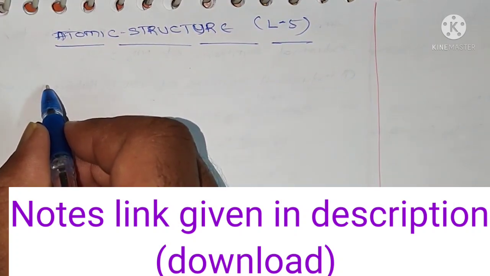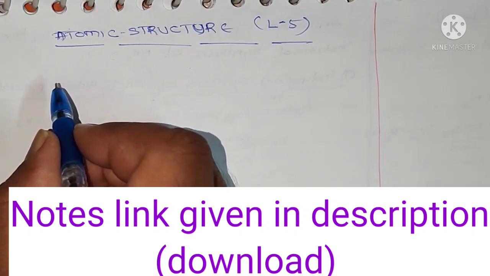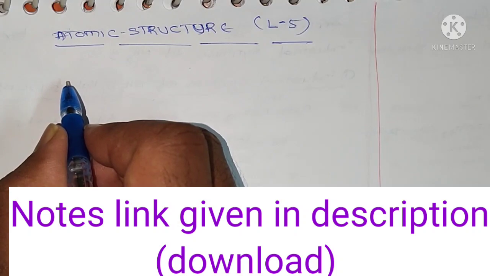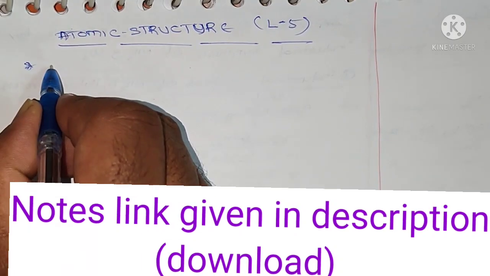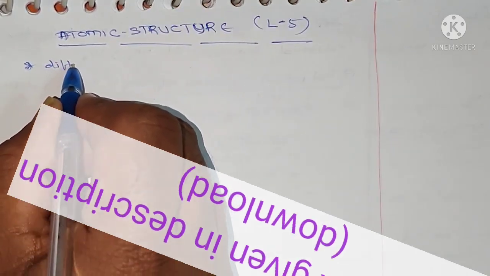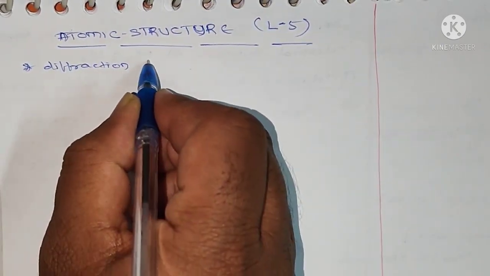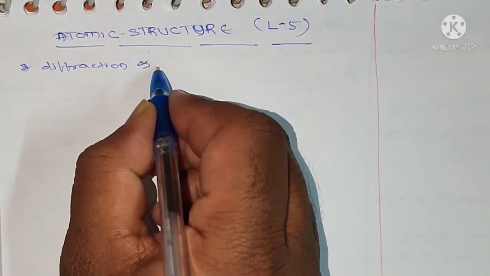Diffraction and interference can be explained by the wave nature of electromagnetic radiation.